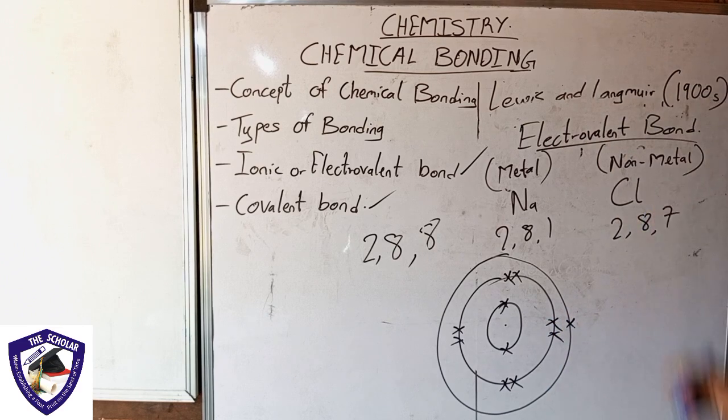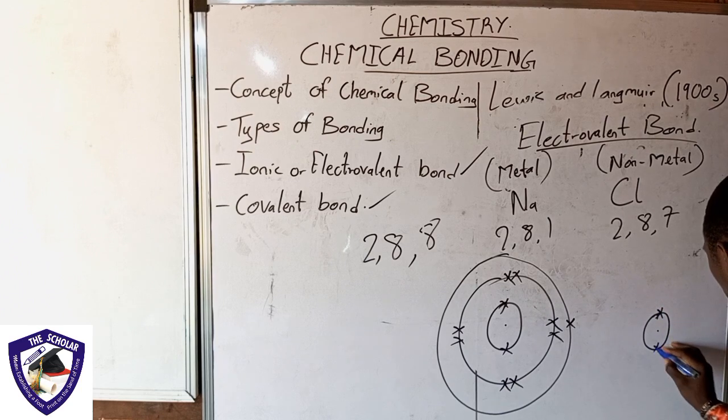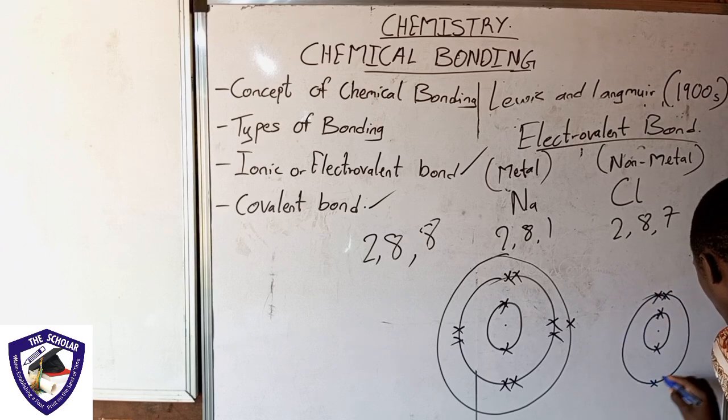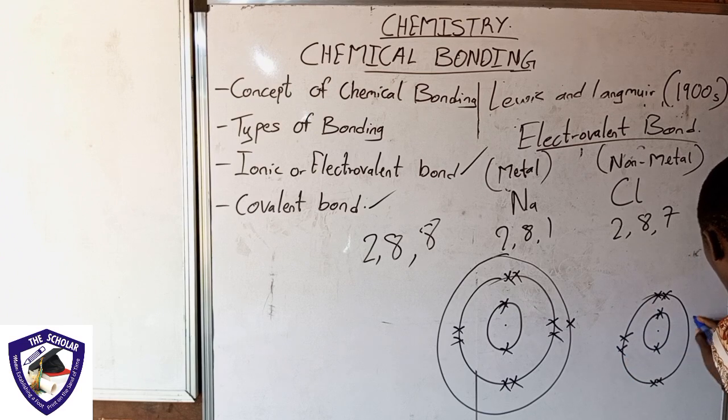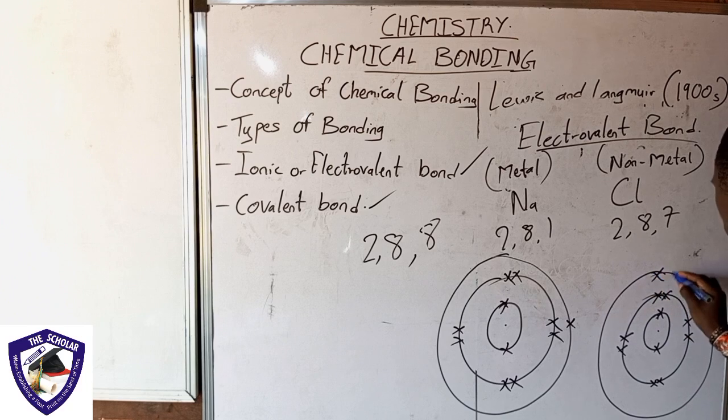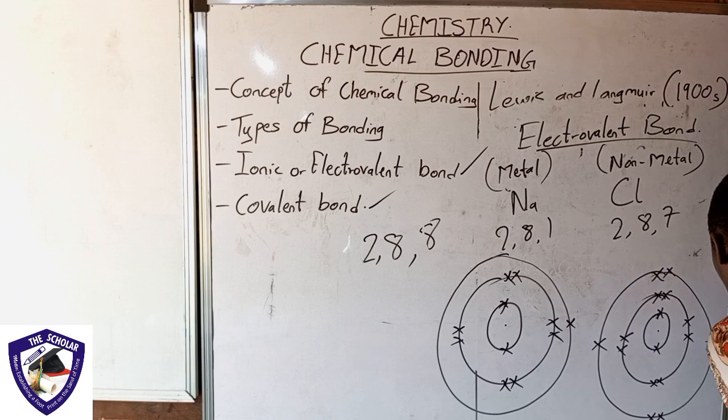Now let's look at chlorine now. Now let's come together. We have 2, 8, 1, 2, 3, 4, 5, 6, 7, 8. Then the last shell, the outermost shell, 1, 2, 3, 4, 5, 6, 7.